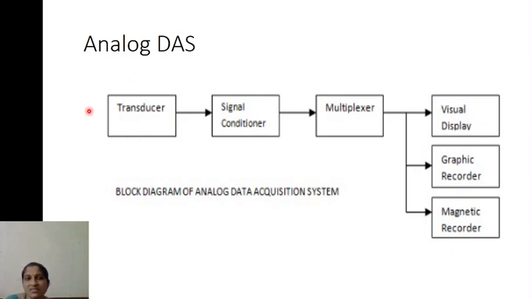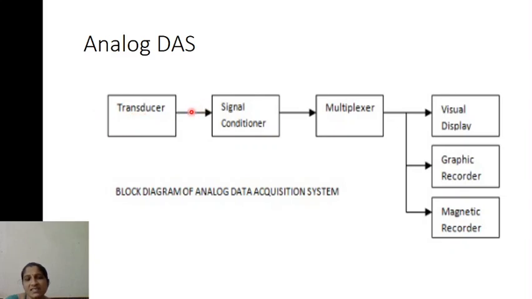Whatever input signal you are going to measure is given to the transducer. The transducer takes the signal and converts it into an electrical signal.